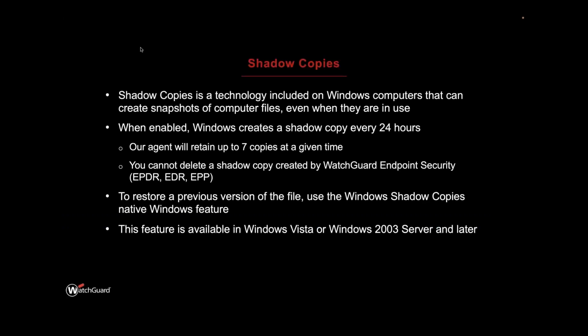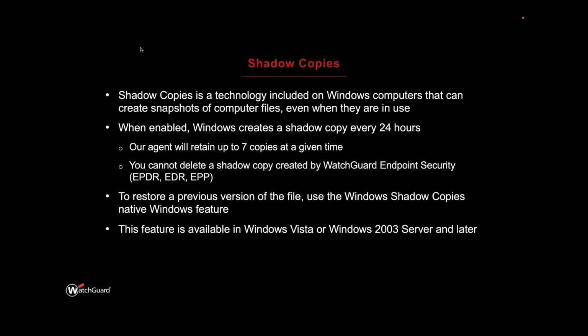Shadow copies. When we talk about shadow copies in the context of our upgrade, we're talking, in fact, about the Windows shadow copy feature. It's included in the Windows operating system and can create snapshots of computer files even when they are being used. What are we adding?